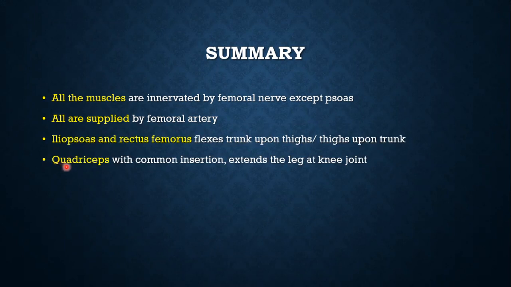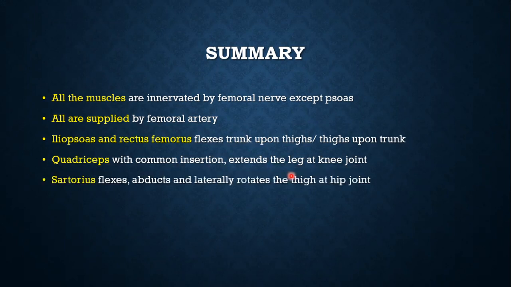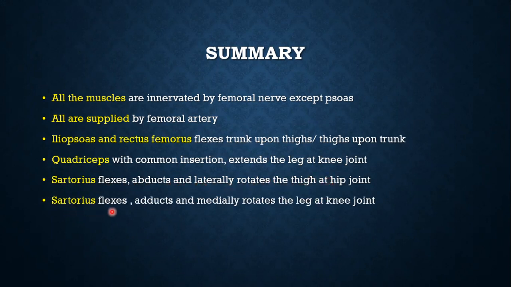Then we have said that the quadriceps muscle have common insertion, and their action is to extend the leg at the knee joint. Then Sartorius muscle, which was the tricky muscle, flexes, abducts, and laterally rotates the thigh at the hip joint, while it flexes, adducts, and medially rotates the leg at the knee joint. So it has different actions on the hip and the knee joint.